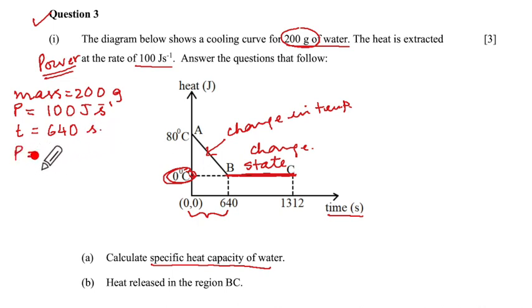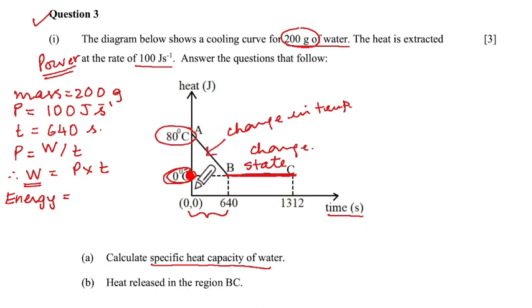So power is equal to W upon T. Therefore, W will be equal to P into T. Now W is the work done, which means it is energy. So the energy given out by this water from being cooled from 80 to 0 degrees C will be its power into time, which is 100 joule per second multiplied by 640 seconds.